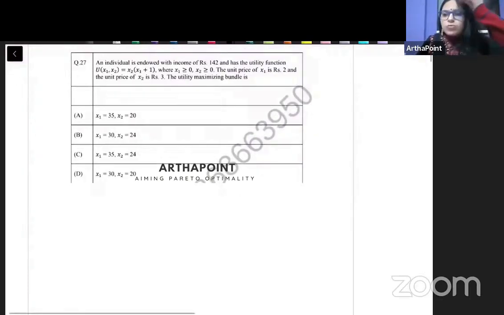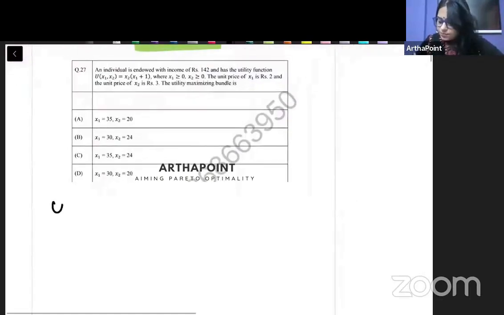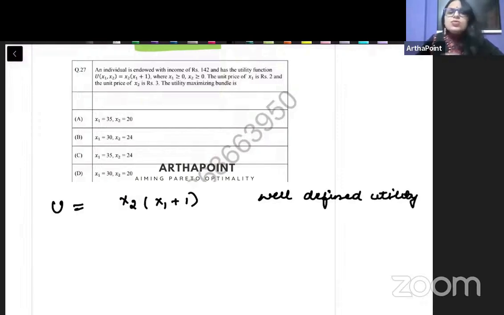This is like a Cobb-Douglas utility function, right? So the utility function is given as x2 into x1 plus 1, which means it is a well-defined utility function. क्योंकि अगर मैं इसको ध्यान से देखूं, this looks very similar to a Cobb-Douglas utility function.